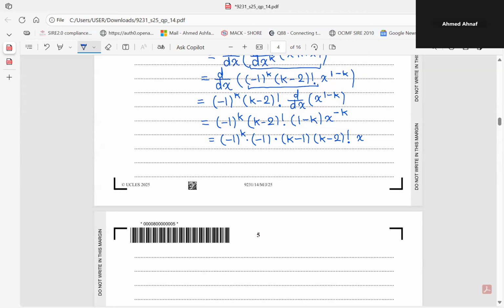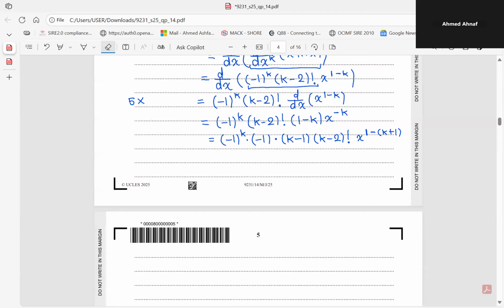We can actually rewrite this as 1 minus k plus 1. And for (k-1) times (k-2)!, that's the same as, for example, 5 times 4!, which is just 5!.